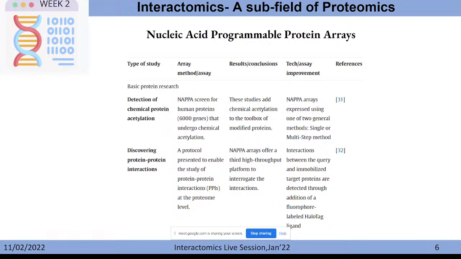After printing the array, you spread this query protein onto the chip, and whichever proteins it interacts with, it will go and bind to all those particular proteins.